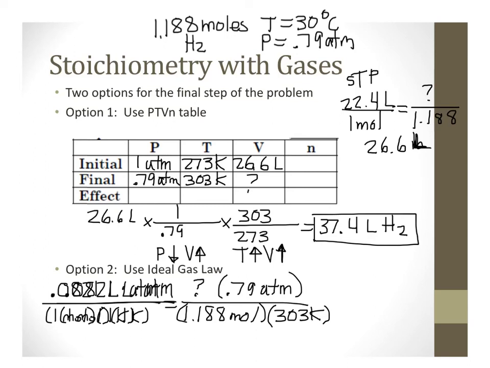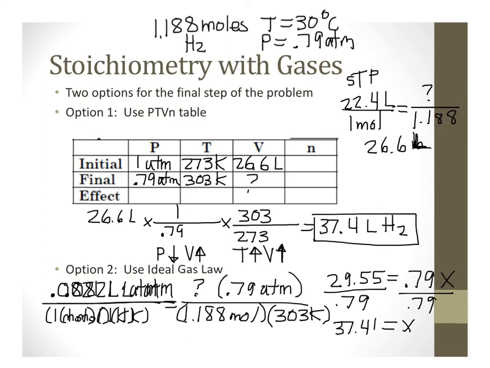And so I'm going to multiply 0.0821 and 1.188 and 303 to get 29.55. And then I'm going to multiply 0.79 and x. And then divide both sides by 0.79. And the volume that I come up with is 37.4.